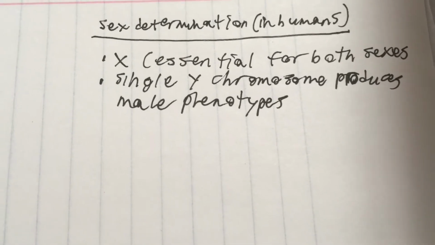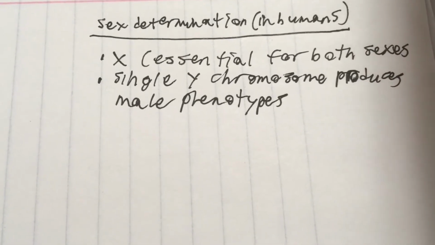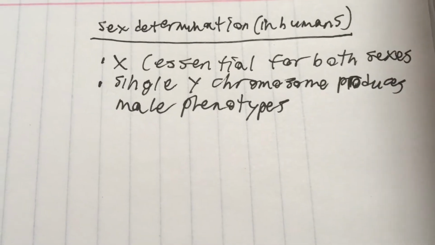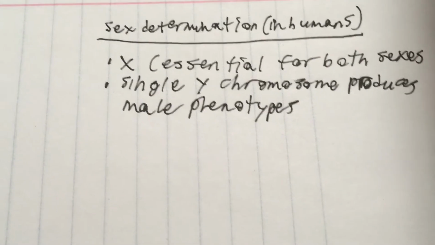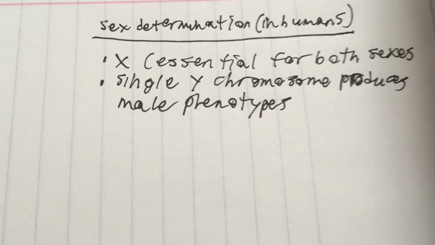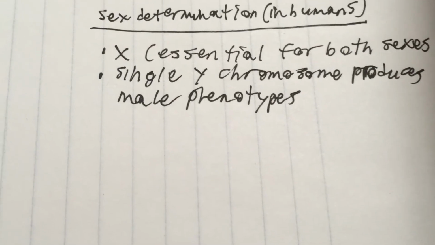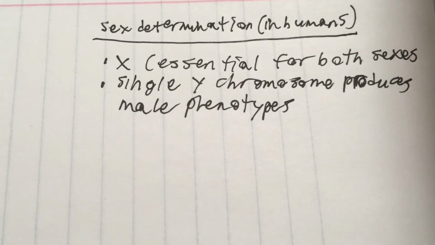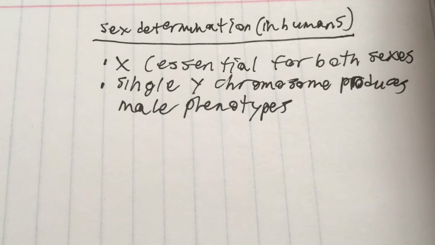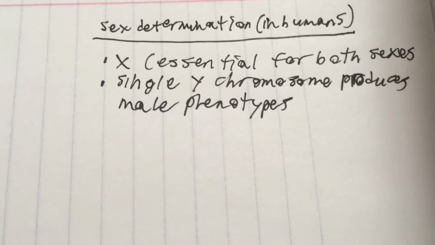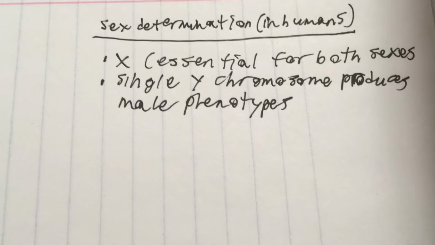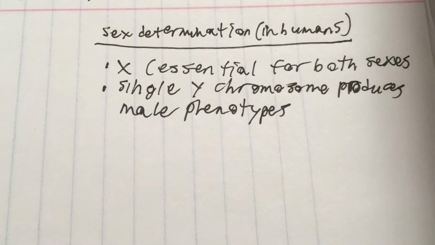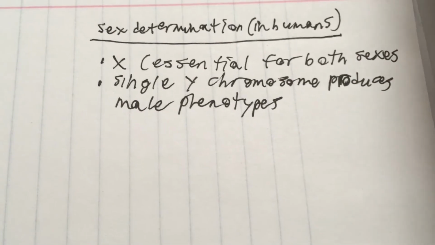By consequence, if you're missing Y chromosomes, you develop female characteristics. It's impossible to have two Ys at the same time because an X chromosome is vital. Literally, the organism will not develop inside the womb if it has two Y chromosomes. It'll just immediately die. So it needs at least one X, and if there's one Y, then it's male.